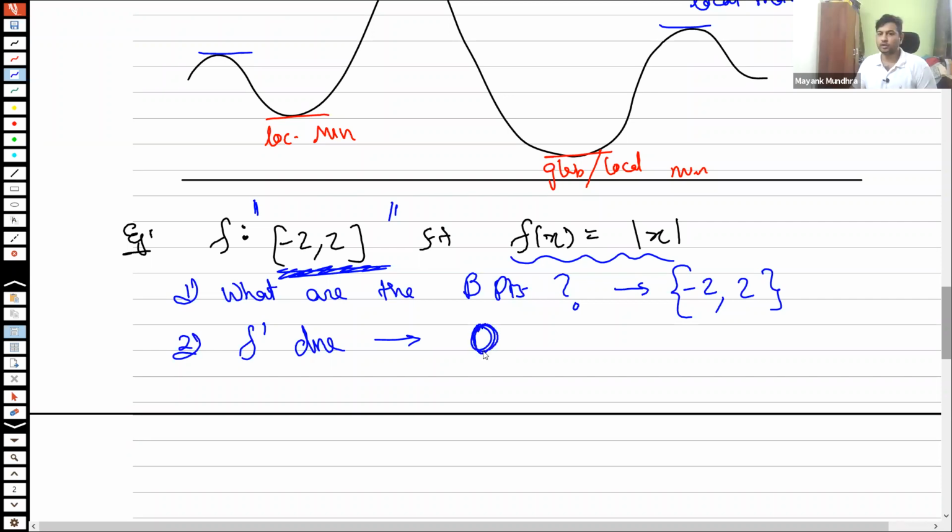Are you able to follow why f prime does not exist? Others who are not answering, if you have a doubt, you need to ask. F prime equals 0. What are the points at which f prime would be 0 for this function?